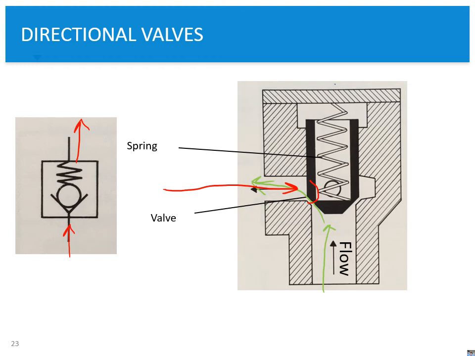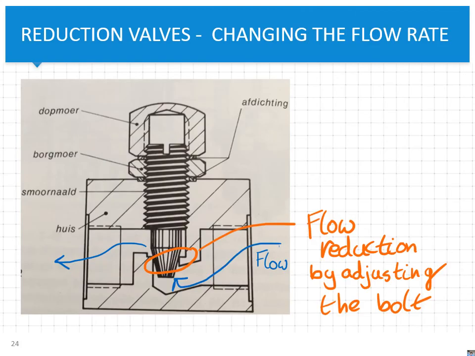So this is a directional valve, and then we've got these reduction valves. The most simple examples of these have the layout of a screw. So by adjusting the screw's depth, we can adjust the amount of flow that goes through the valve. And then you can change the flow rate and even the pressure.